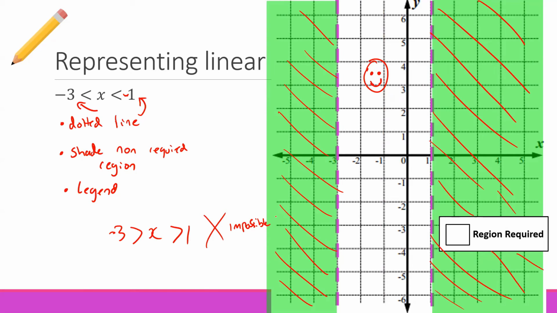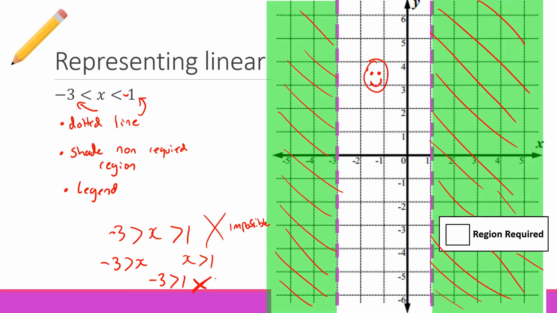I can tell you that's impossible because you should be able to break this down into multiple components. You can break this down into 3 components: -3 is greater than x, x is greater than 1, and -3 is greater than 1.